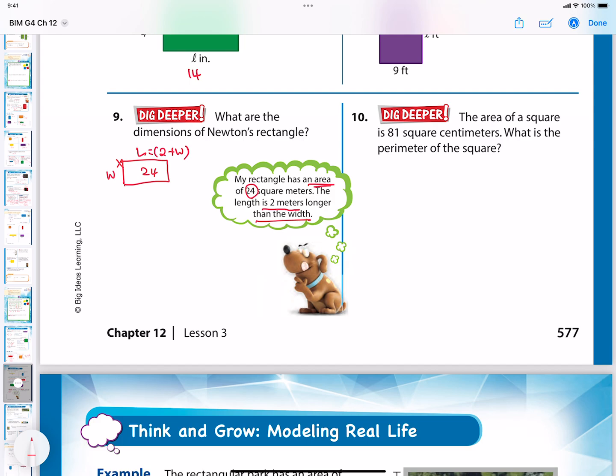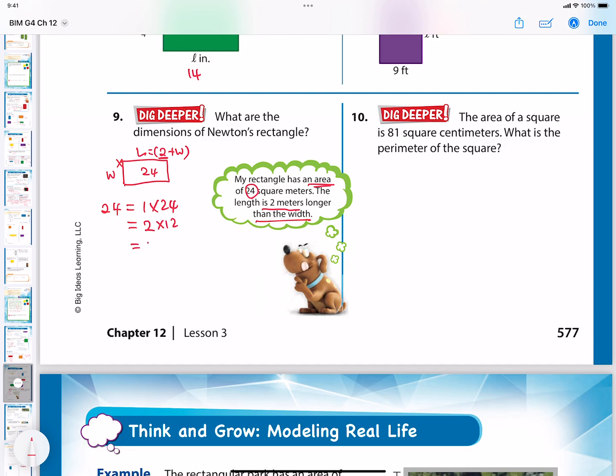Let's find out what numbers multiply to make 24. This is kind of like factoring, guys. 1 times 24 makes 24, but the difference is not 2, because it has to be 2 meters longer. Let's go ahead: 2 times 12.